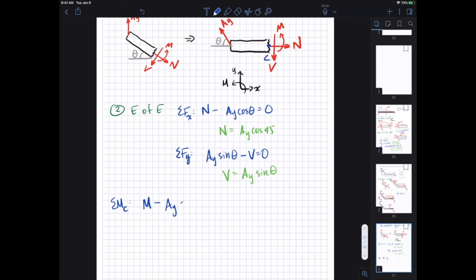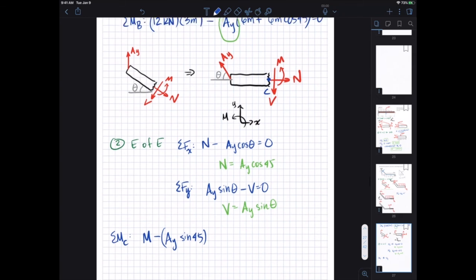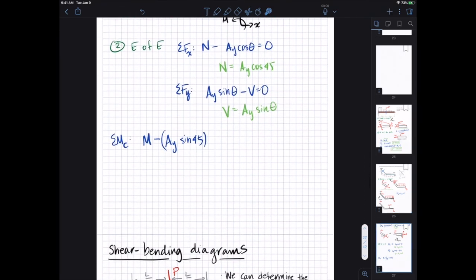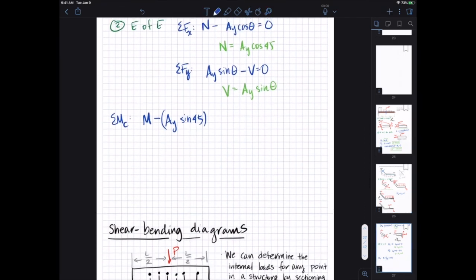So minus AY sine 45 times its moment arm, which we're given in the problem based on where we sectioned it, is 2 meters right here, equals 0. And so therefore, the internal moment is just AY sine 45 times 2 meters.